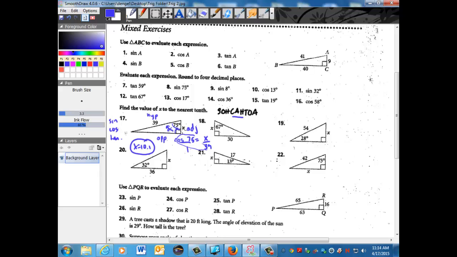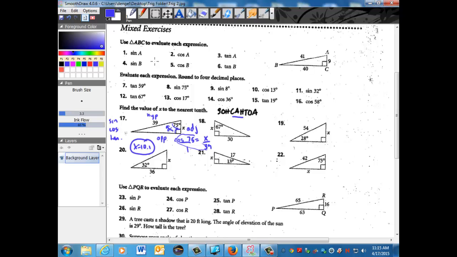But you should also know that if you had, say, x is equal to 50, you know right then and there that you have an error, because there's no way that the height can be longer than the hypotenuse. The hypotenuse will always be the longest side length on a right triangle.